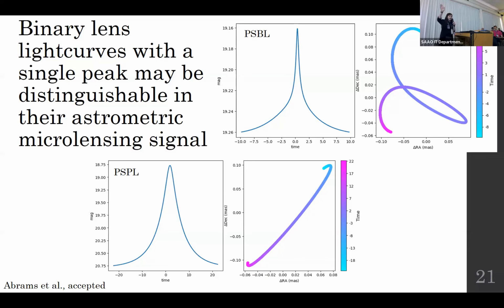However, there are significant differences in the astrometric signal. However, there's a lot of work to do in terms of adding in the Roman errors, trying to fit, and looking systematically through all the light curves and astrometric curves to see what fraction are potentially distinguishable in that way. But this can just show a bit of the potential.